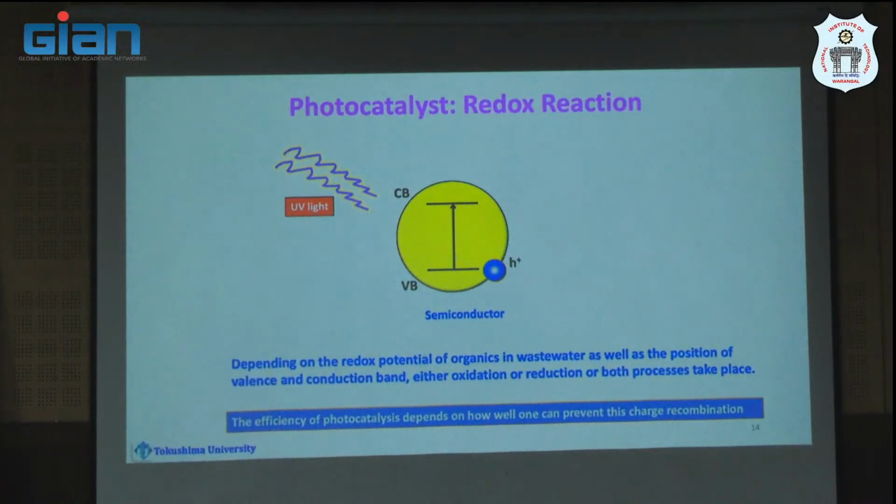We use UV light of the same wavelength, or we can use LED light also. When we use UV light, the electron can jump from the valence band to the conduction band, and the reduction process can occur. On the other side, the hole can participate in oxidation.